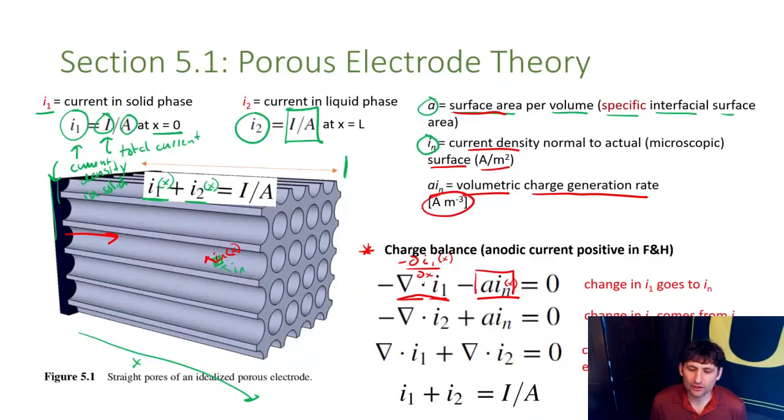So it's saying if the number of electrons flowing through the solid changes, that change has to be manifest in interfacial current crossing the boundary. Similarly, if the current in the electrolyte changes, it is due to current crossing the boundary because current has to be continuous.